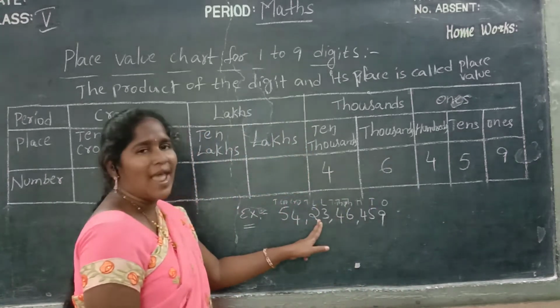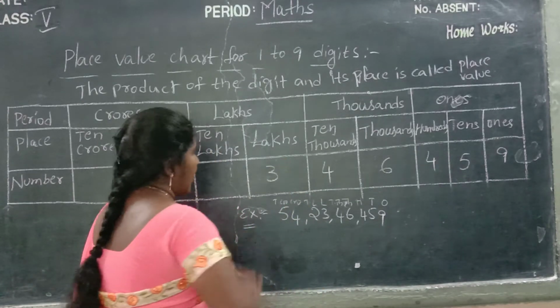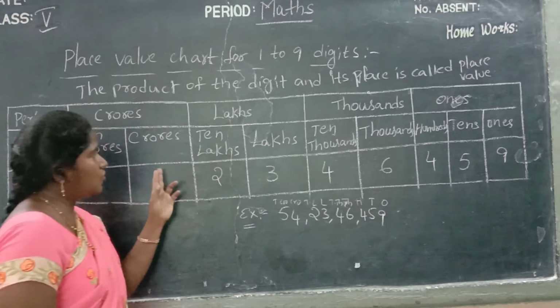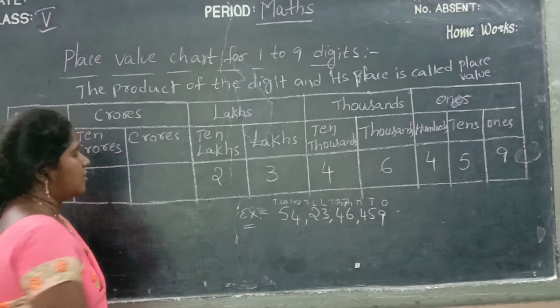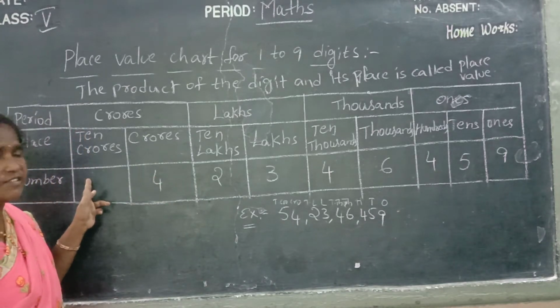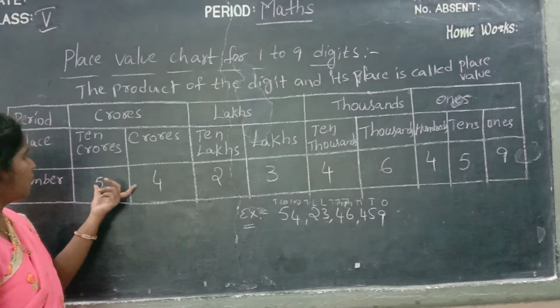And next the lakhs period: 3 is in the lakhs place and 2 is in the 10 lakhs place. And next the crores period. In the crores place we have 4. In 10 crores what is the digit, children? In 10 crores, 5.